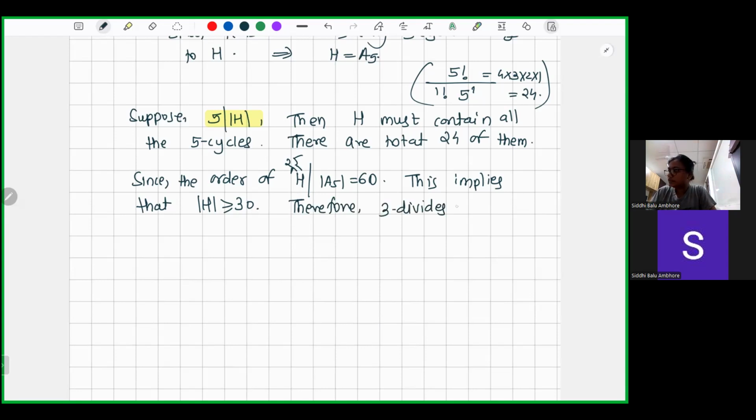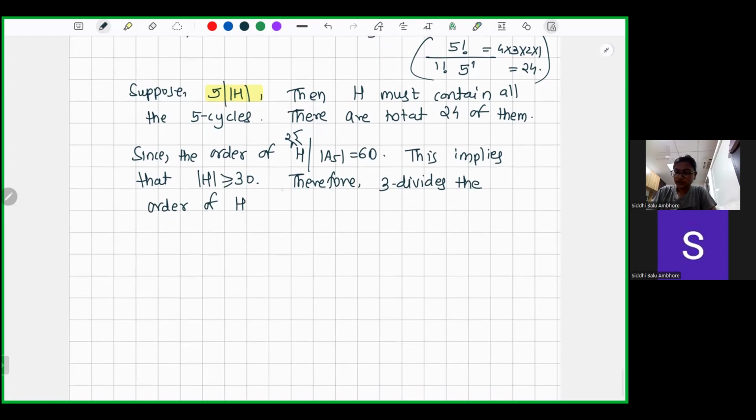3 divides the order of H. The moment 3 divides the order of H, you can check.